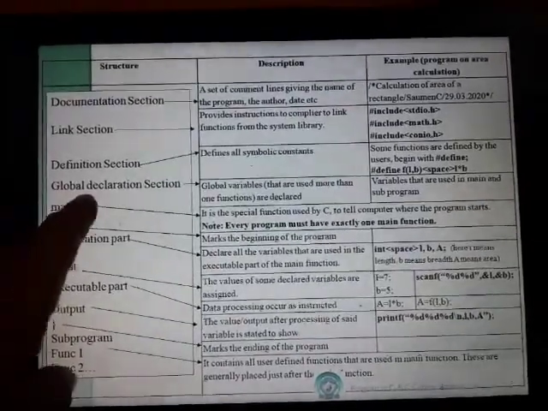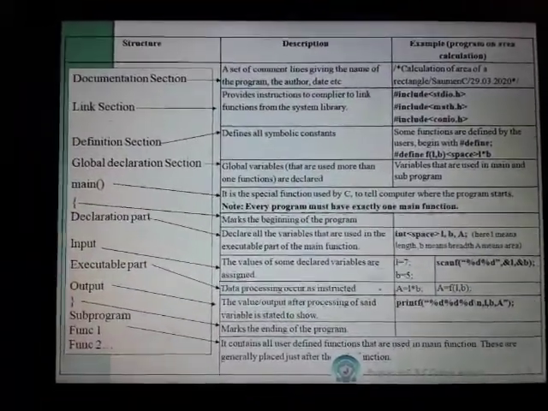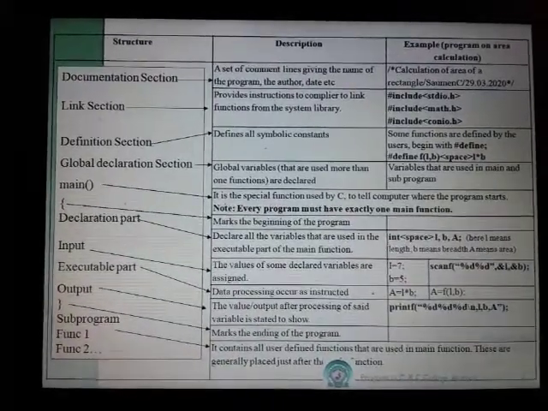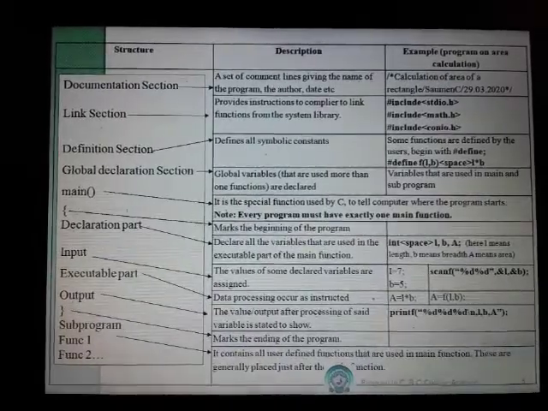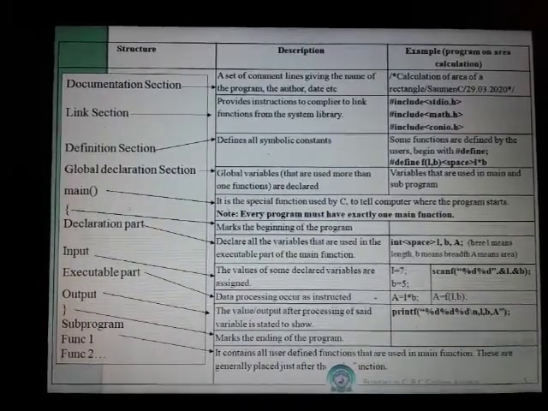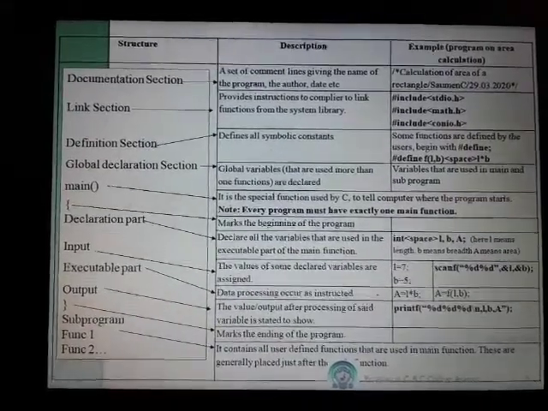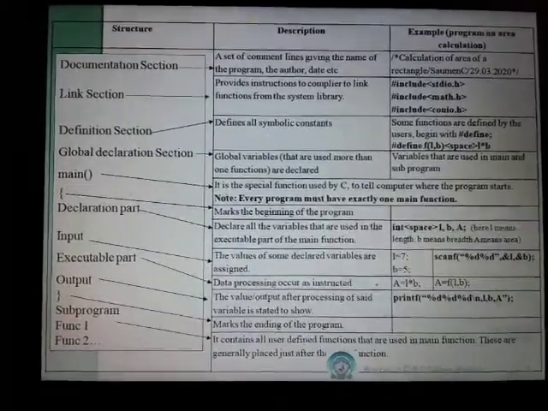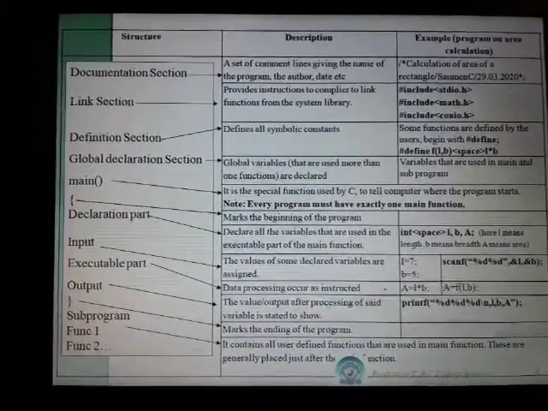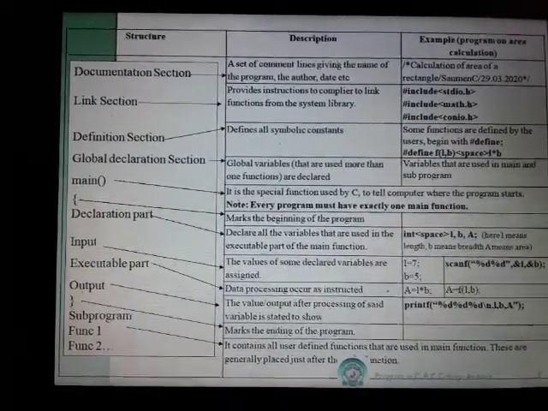The next section is the global declaration section. Here we can declare the names of the variables and also assign their values. The variables defined in the global declaration section can be used by all parts of the program, that is by main and subprograms. But we will also find a declaration section in the main program or in a subprogram.